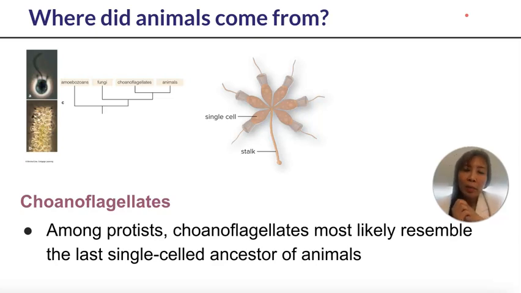The reason it's believed that this is where animals have their common ancestor is because they have certain genes that are similar to the genes found in all animals. So this most likely resembles the common ancestor that animals all evolved from.